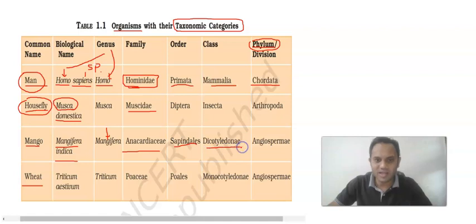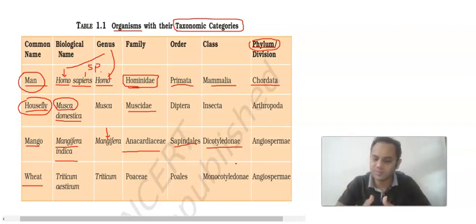They are placed in the class Dicotyledonae because their seeds have 2 cotyledons. If you break the seed, you will get 2 equal halves of the seed. So that belongs to the class Dicotyledonae. And finally, they belong to the phylum or, in case of plants, division Angiosperms. Angiosperms are flowering plants.